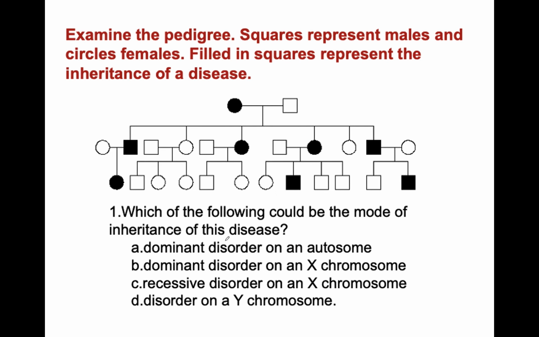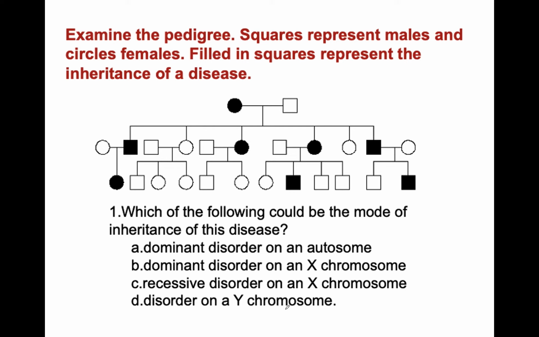So let's look at it in the context of a real problem. Examine the pedigree. Squares represent males and circles represent females. Filled-in symbols represent the inheritance of a disease. Which of the following could be the mode of inheritance of this disease? When you're given this problem, the easiest way is always process of elimination, and the easiest one to rule out is a disorder on the Y chromosome.